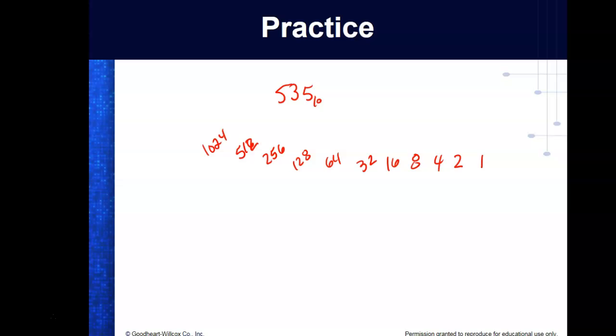Yeah, subtract the biggest one I can, right? Okay, so y'all sound like y'all can do it, so go ahead. That's a 512, by the way. And then write a 1 every time you can subtract, right? And write a 0 if you can't subtract.